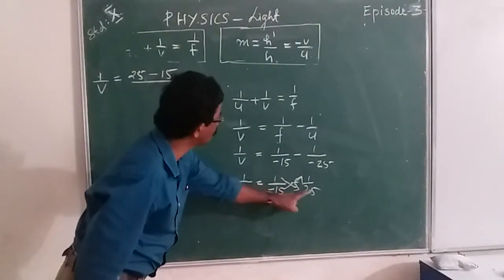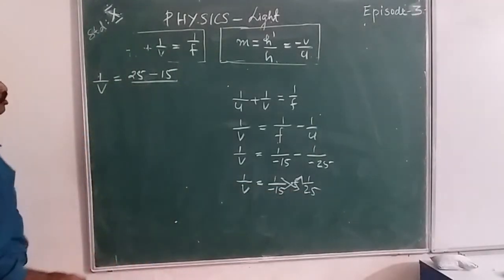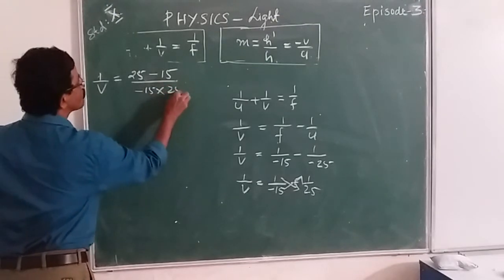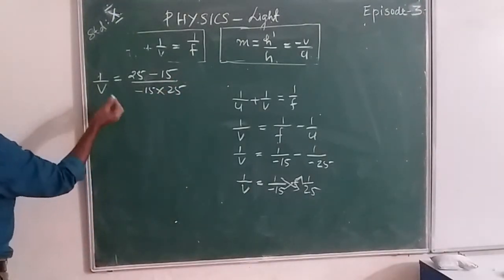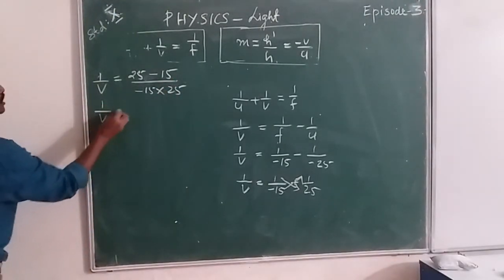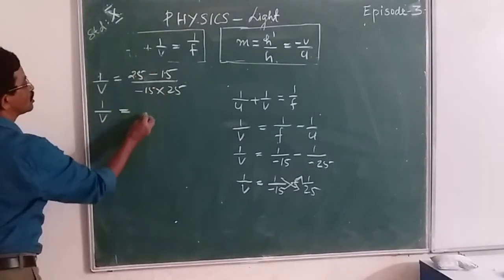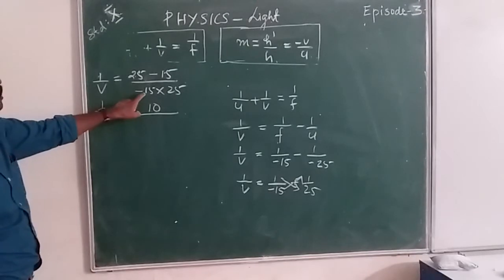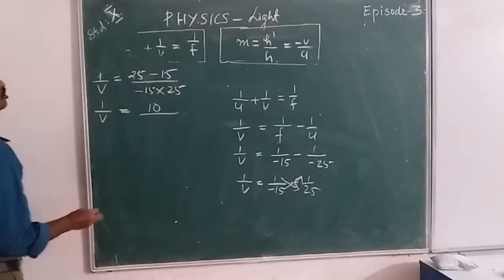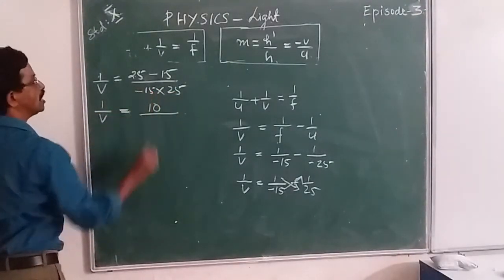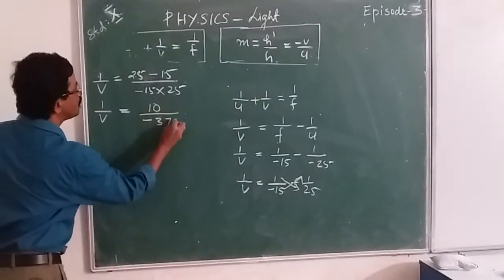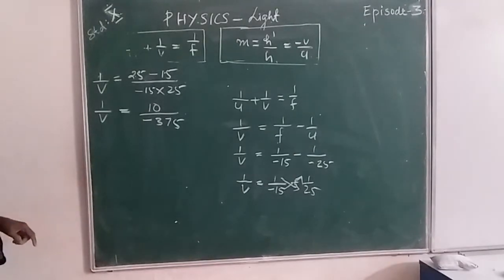That means minus 15 into 25. Now 1 by v is equal to, by this we get 10, divided by 15 into 25, that is 375, minus 375. Now take the reciprocal.